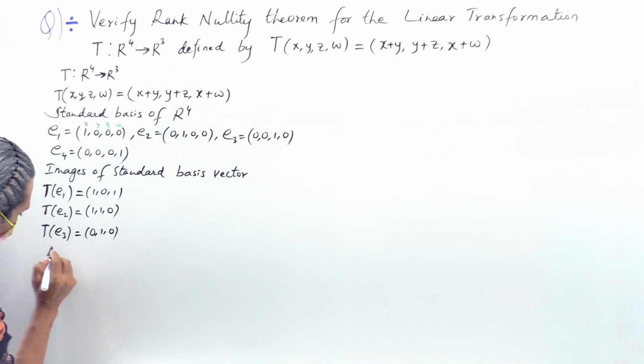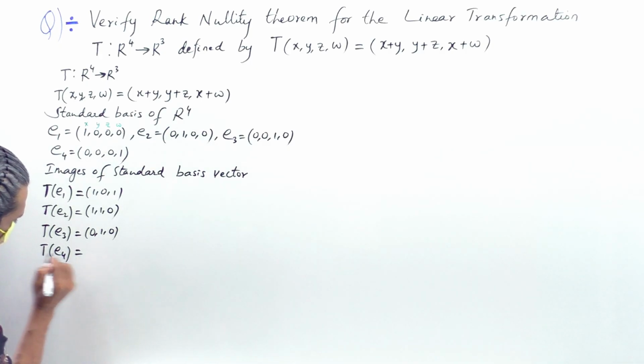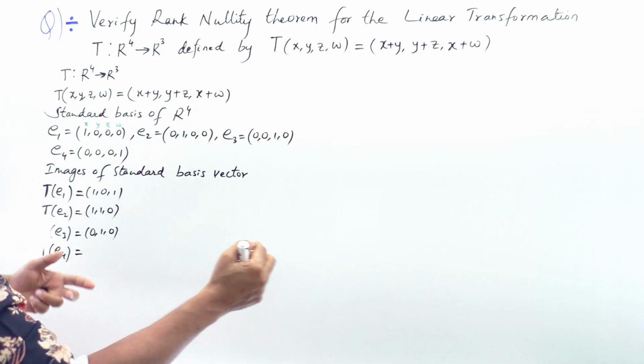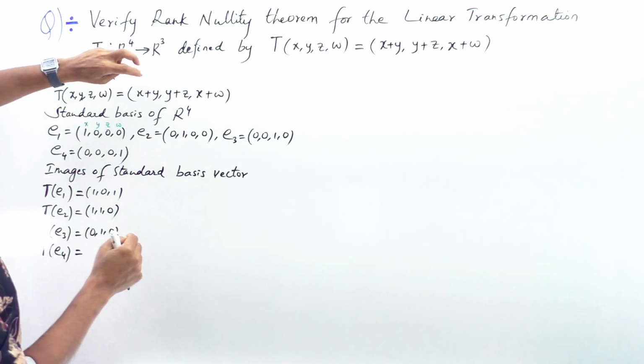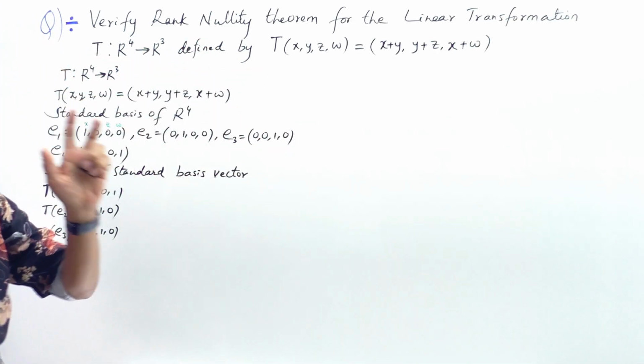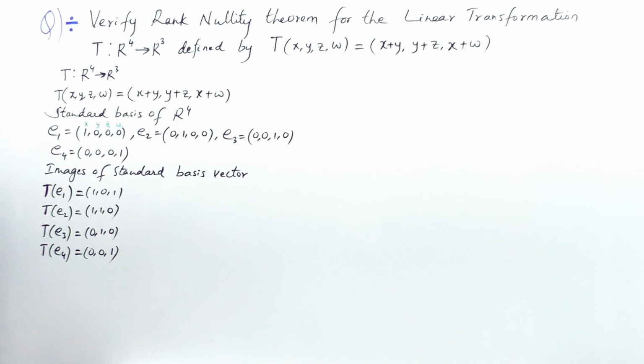0, 1, 0. Finally, T of E4 will be, you can try it out, x, y, z, w, w is 1, 0, 1, 1, 0, 0 and 1. That's it. Okay.